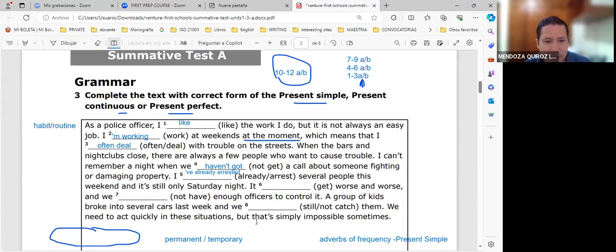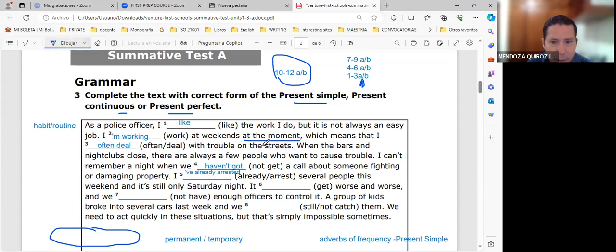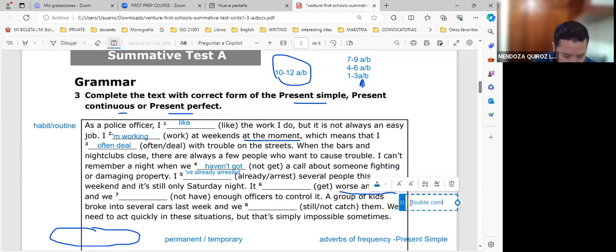Dalma, it gets worse. Yeah, you see this? Look at this. Worse and worse. Yeah, this is called a double comparative. Double comparatives are used for trends. Trends. What is a trend?